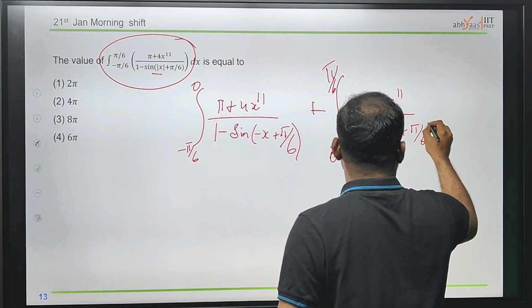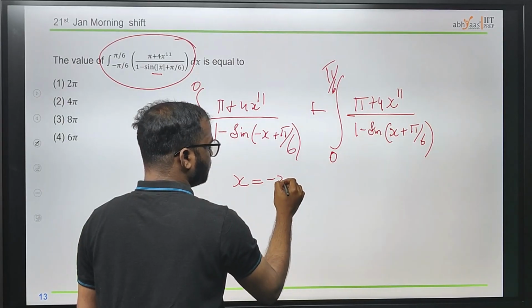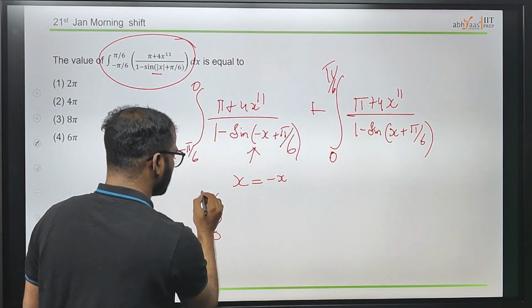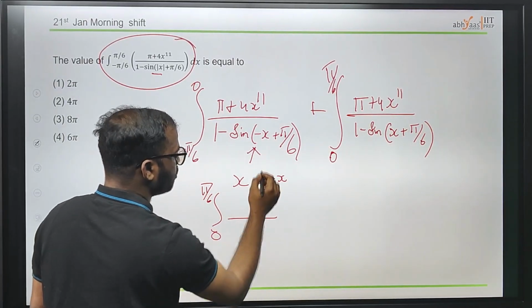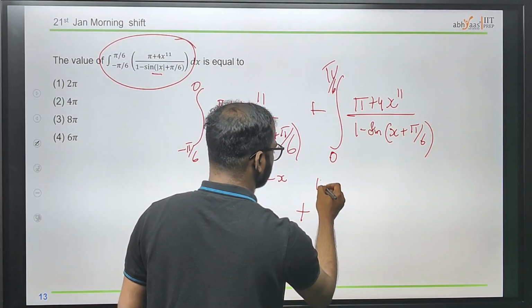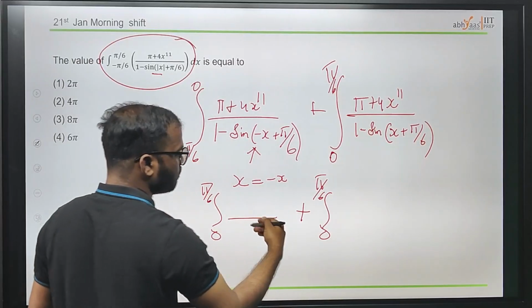If you observe, if you substitute x equal to minus x here, this will be similar to this one, that is 0 to pi by 6. Here we have the same denominator, plus 0 to pi by 6. This will be cancelled out; both will be cancelled out when we do this.